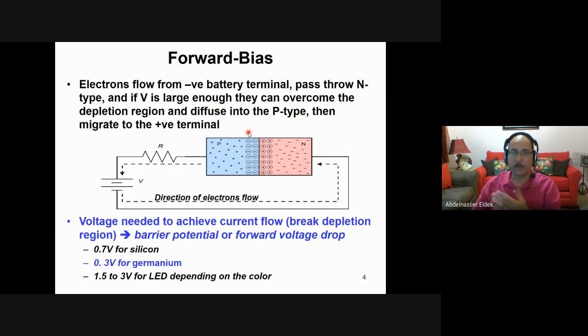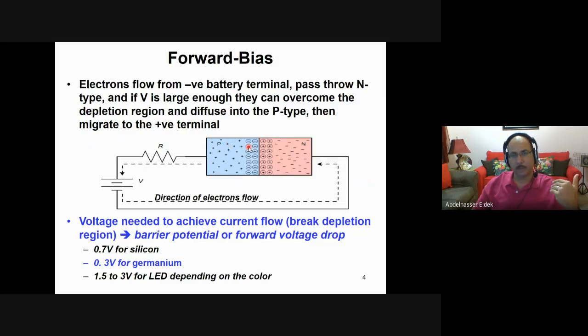Okay, this will not happen, of course, if the voltage is very low. If you have a very low voltage, you can't push the electrons to move from here to here. But at a certain value, assume the voltage goes from 0 volt to 0.1 volt, 0.2 volt, a certain voltage, then this voltage is enough to push the electrons from the N-type to the P-type through the depletion region.